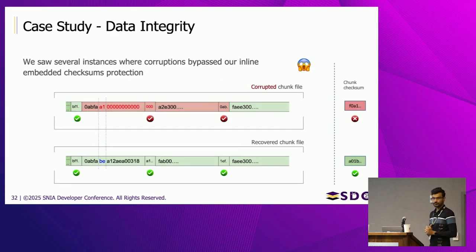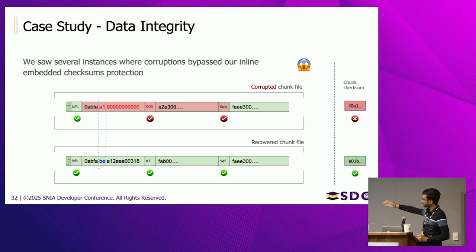But what we saw in the field was several instances of corruption that bypassed our inline checksum protection. The inline checksums, the embedded CRC32Cs in the data, were correct. However, the data was corrupted. We were able to detect it because we have checksums at multiple layers.